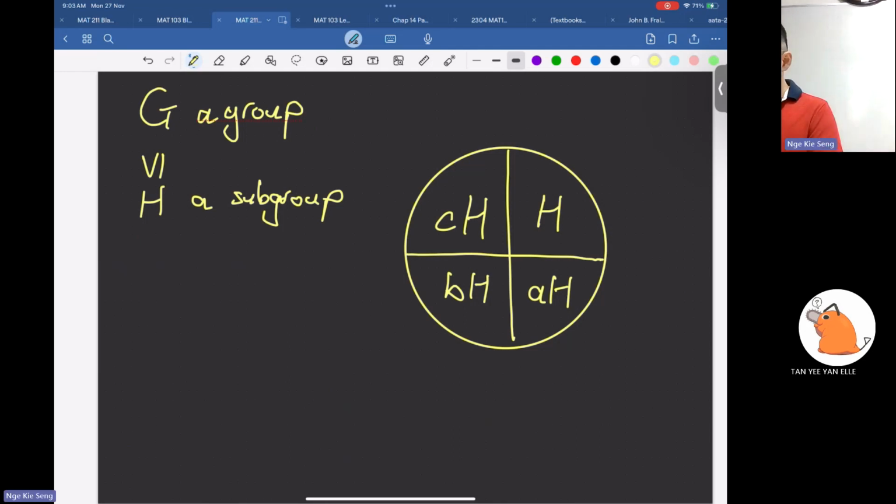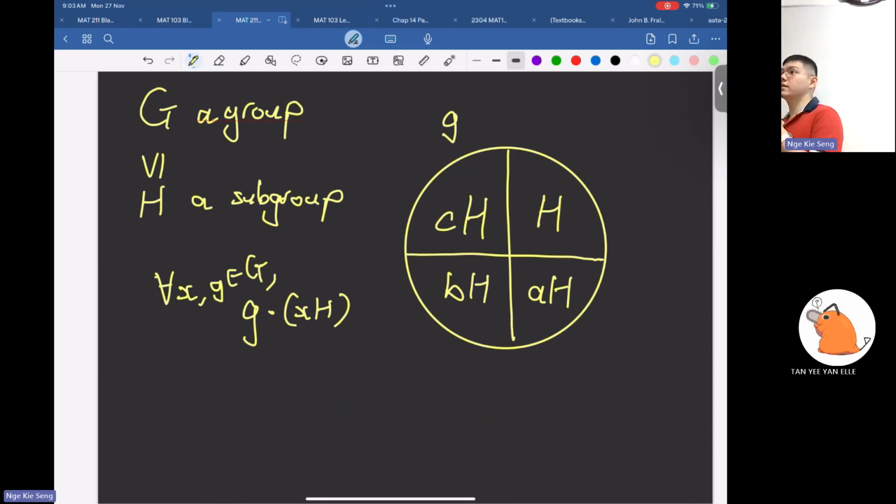Then you can take any element g in G, and multiply with your coset. You can do this action here. What is this action?